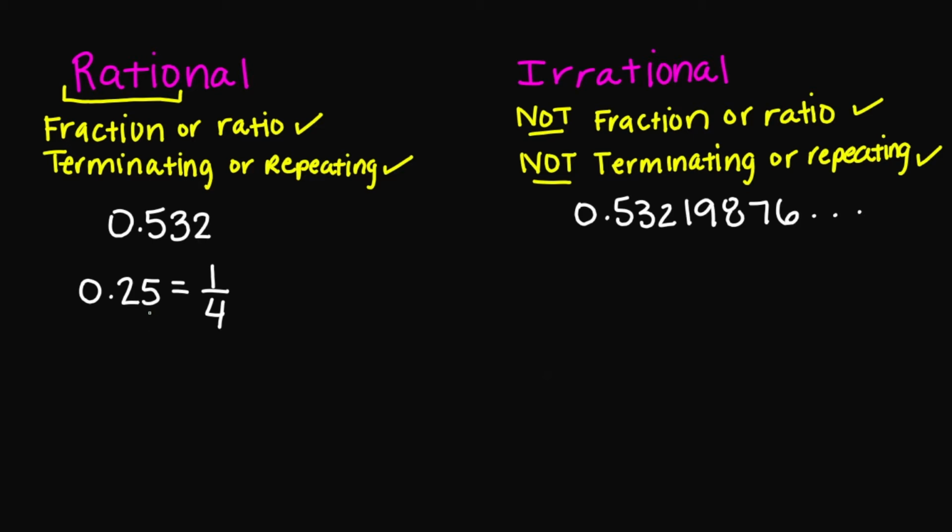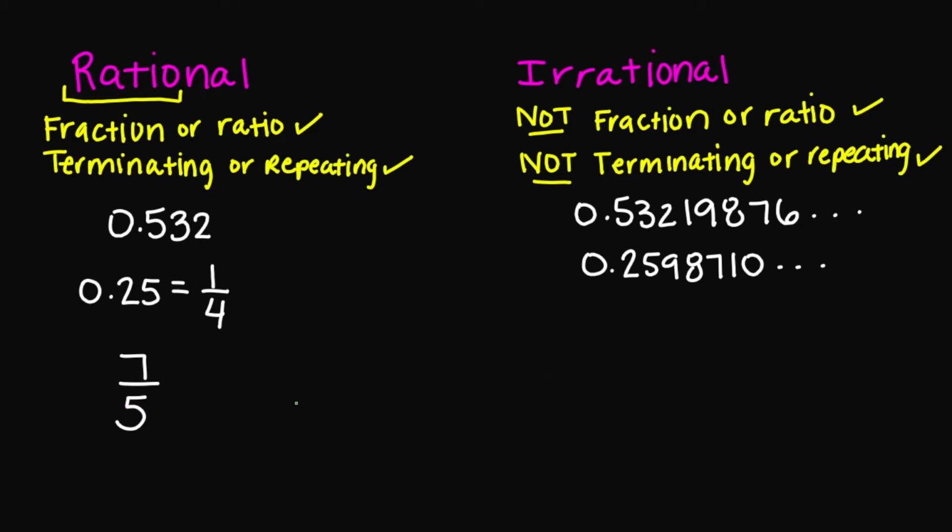It ends. 0.25988710, on and on and on. This number here would make it irrational. So it's not terminating, not repeating. So therefore, 0.2598710 is irrational.